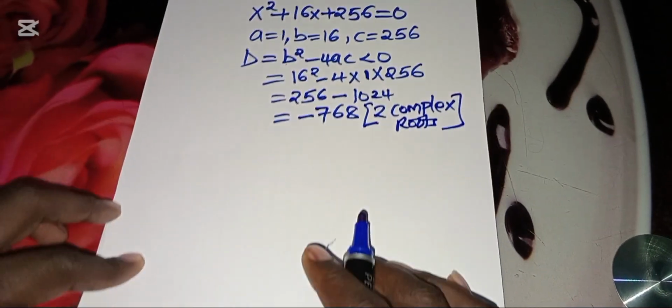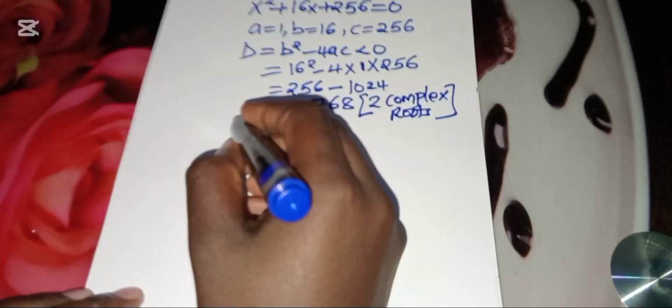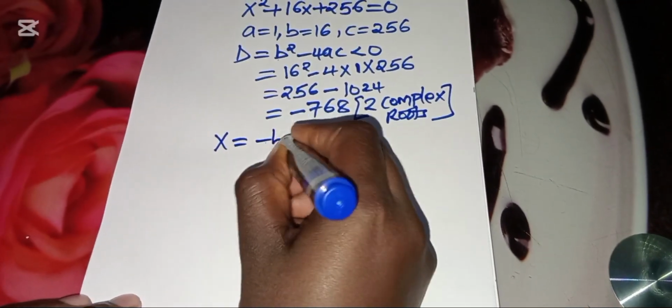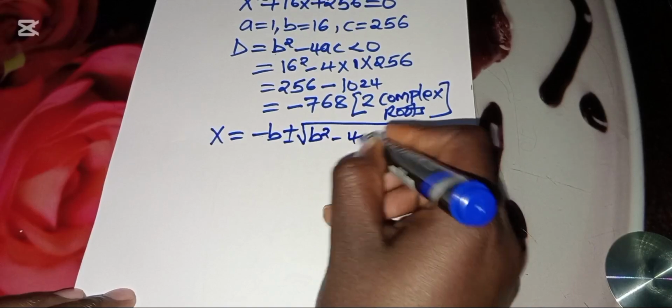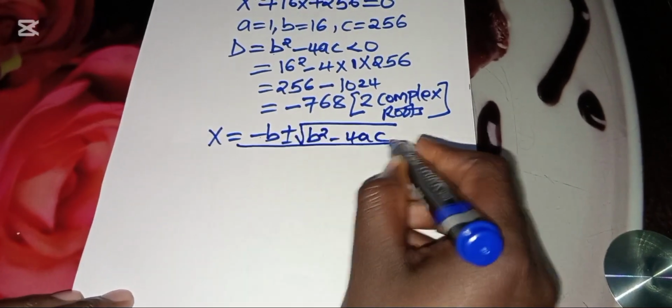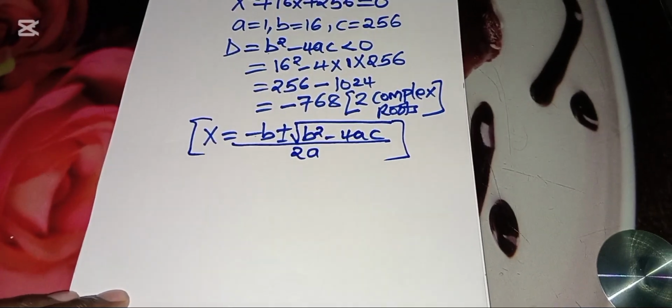How do we solve for these two complex roots? We solve by introducing the quadratic formula, which is expressed as negative b plus or minus the square root of b squared minus 4ac, divided by 2a. Let's apply this quadratic formula.